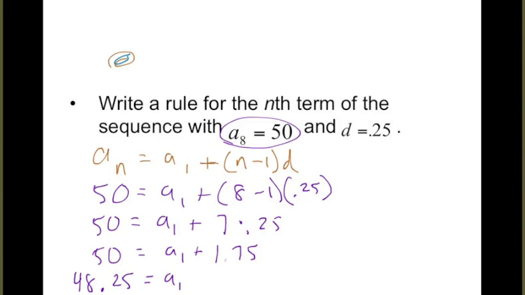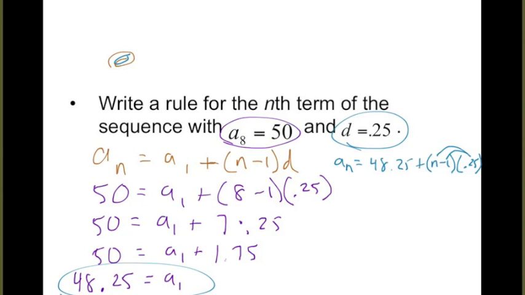Yeah, we've been working with a lot of whole numbers, and so it feels a little bit wrong. It's not very far numerically from the 50, so it seems like they should be further away if they're 8 terms away, but we're only adding a little bit. So we want to take that and the difference and now plug them into the rule. So a sub n is that 48.25 plus n minus 1 times 0.25.